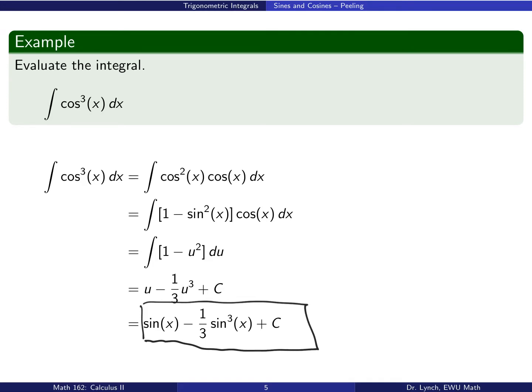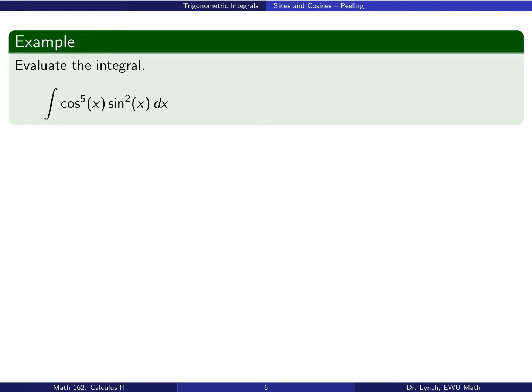Okay, this same strategy works when we have other more complicated integrands too. So here's an example, cosine to the 5th x sine squared x dx. See an odd power, peel that odd power. So in this case, let's again peel a cosine. Okay, seeing a cosine makes us think of cosine as the derivative, so sine must be the function.